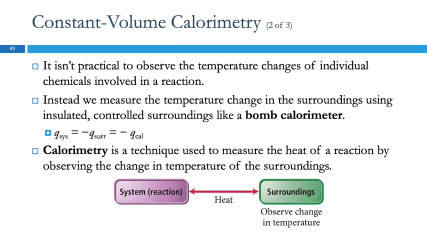And if we're doing this at constant volume, we would use something called a bomb calorimeter. So then the surroundings will be the bomb calorimeter, and Q for the system, which is the reaction we're interested in, is negative Q for the surroundings, which here is the heat absorbed or released by the calorimeter.